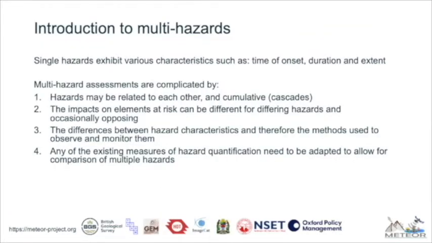In the introduction to multi-hazard slides, we looked at how each single hazard exhibits its own characteristics, such as time of onset, duration, and extent.